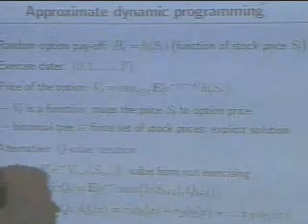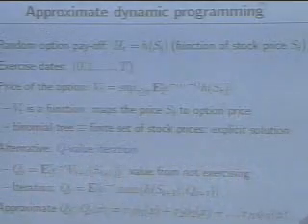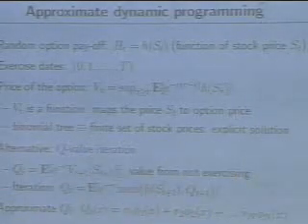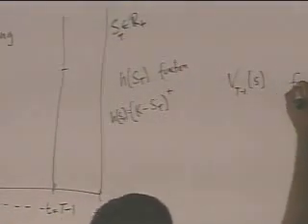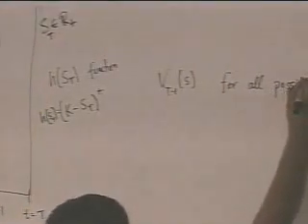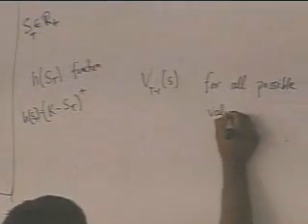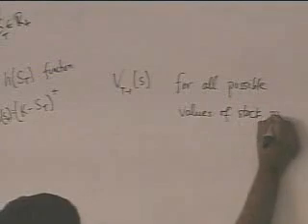Now, if I wanted to do dynamic programming and I wanted to figure out what is the price of the option at time t equal to 0, I have to compute its value here for all prices. I have to compute V_{t-1}(s) for all possible values of the stock price, little s.